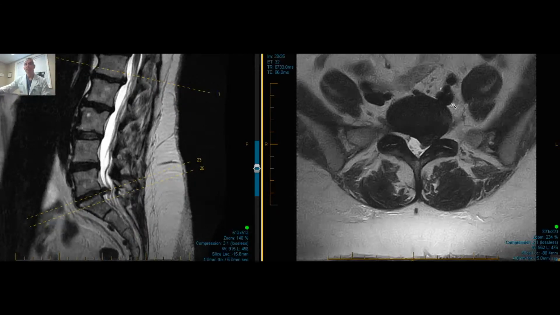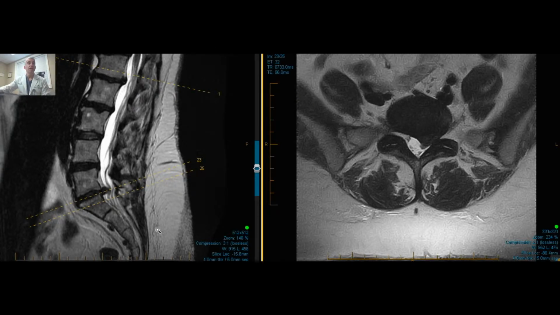You'd see this, as opposed to this one, where if we laid you flat on your back and sliced you into a bunch of little pieces like a loaf of bread and looked at it straight up. So this is the straight up view and this is the sideways view. This is called the axial view, and again called the sagittal view. Not that you have to know that, but I'll explain it to you a little further.